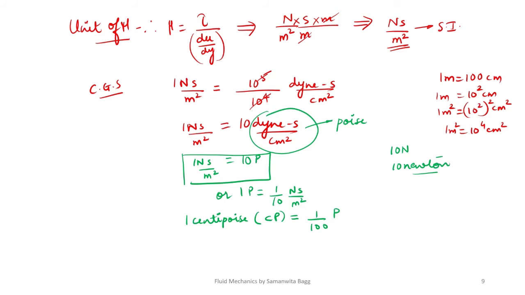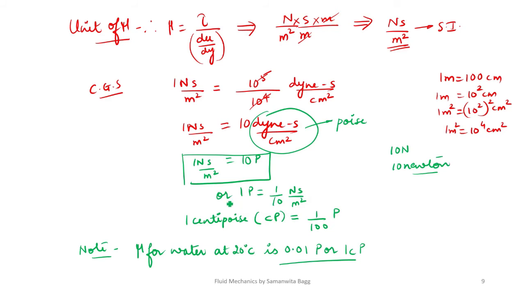So we just need to convert into one type of unit system and solve the numerical. So for that, this will be required. And one note that you can keep with you is the value of mu for water, again a standard fluid, at 20 degrees Celsius is 0.01 poise, or it is 1 centipoise.